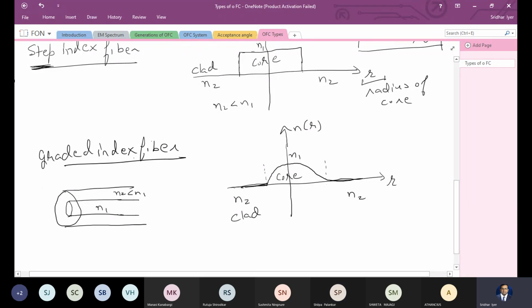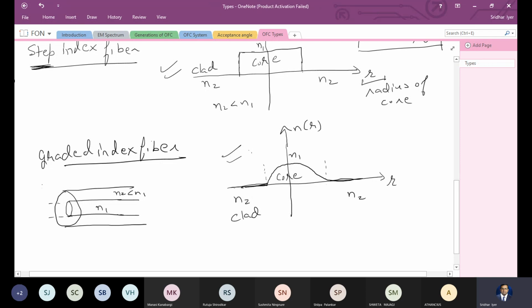So I was explaining the graded index fiber which we have drawn here, and the step index fiber which we have drawn here on the sideways. So if I see the optical fiber from the side vision, then you can see that this is what is happening.